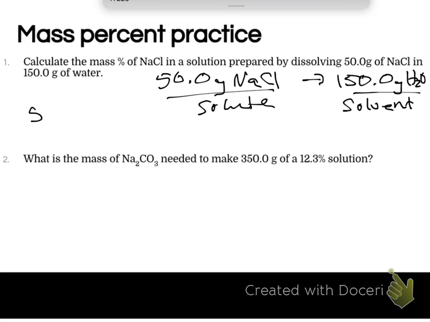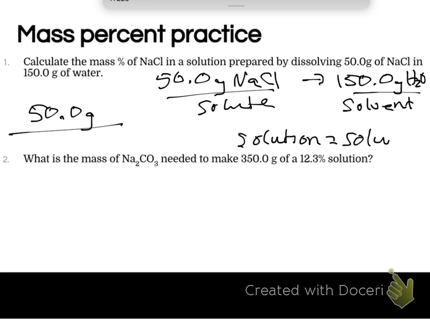So I'm going to put 50 grams of NaCl on the top because it said solute divided by solution. And now solution is a little tricky because it's solute plus the solvent. Okay, so we're going to go 50 for the solute plus 150 for the solvent.